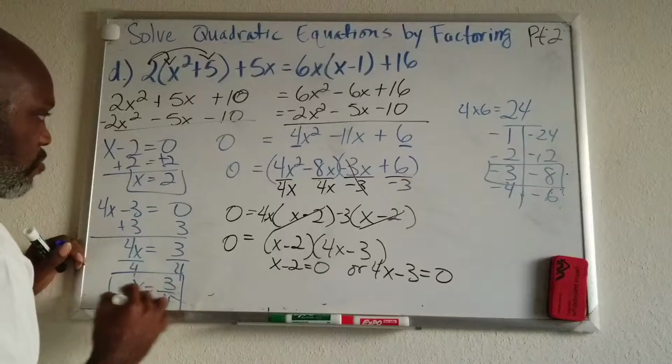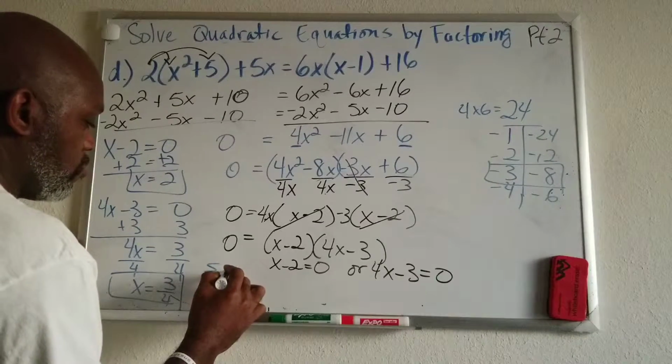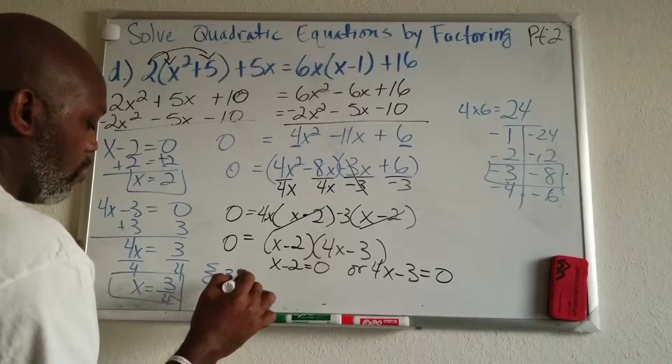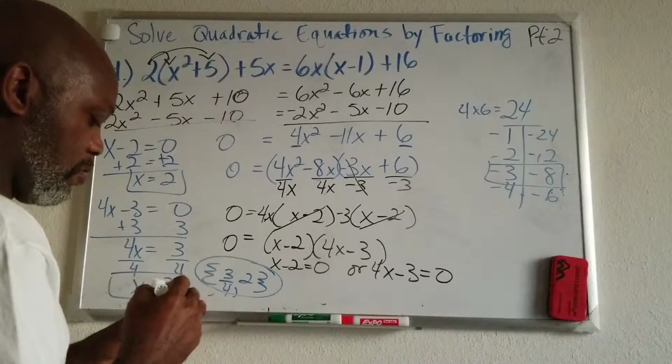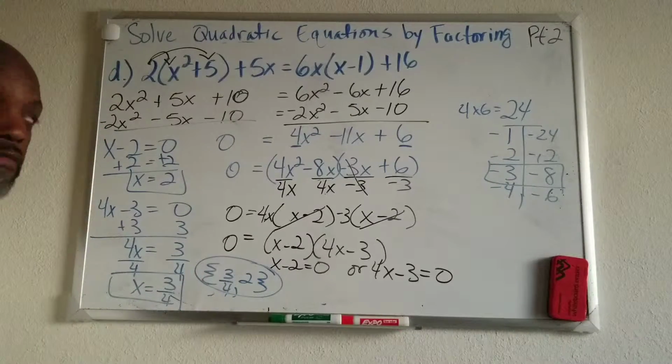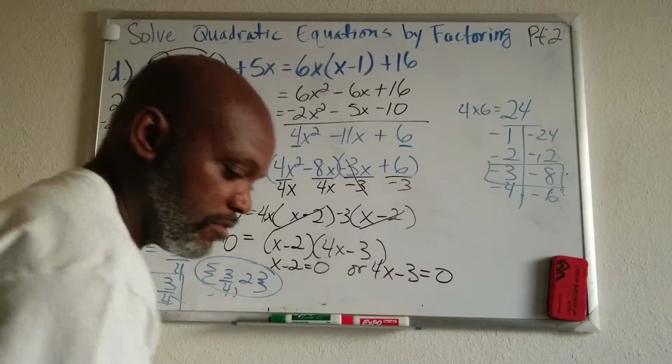So our answer, right, so I write it right here, is going to be 3/4 or 2. Okay? Good stuff, right? Yes, it's a long, tedious process, but somebody got to do it.